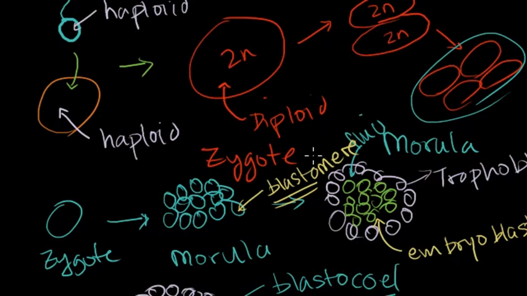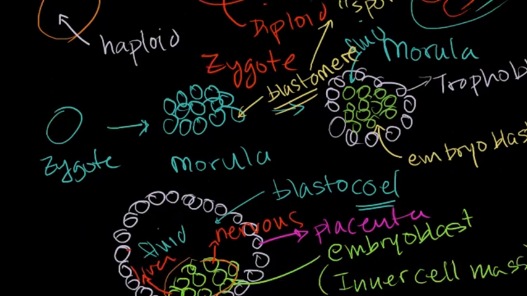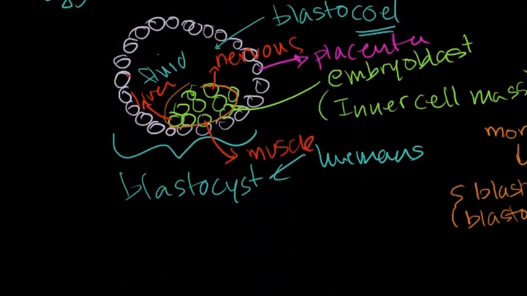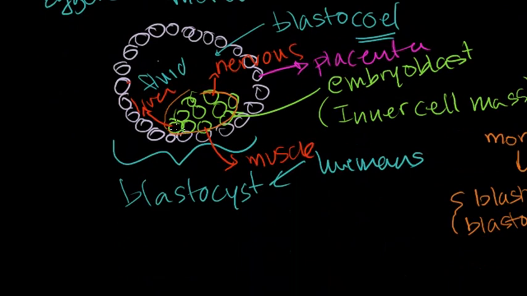That comes from the Greek for spore, or blastos. So it's just as the organism is beginning to spore out or grow. But I won't go into the word origins of it. That's where it comes from, and that's why everything has this blast in it. So these are blastomeres. So when I talk about embryonic stem cells, I'm talking about the individual blastomeres inside of this embryoblast, or inside of this inner cell mass.